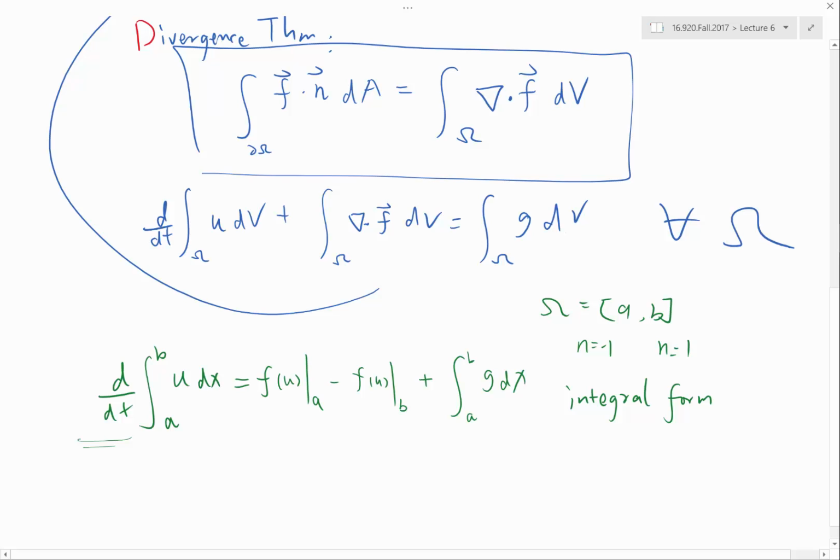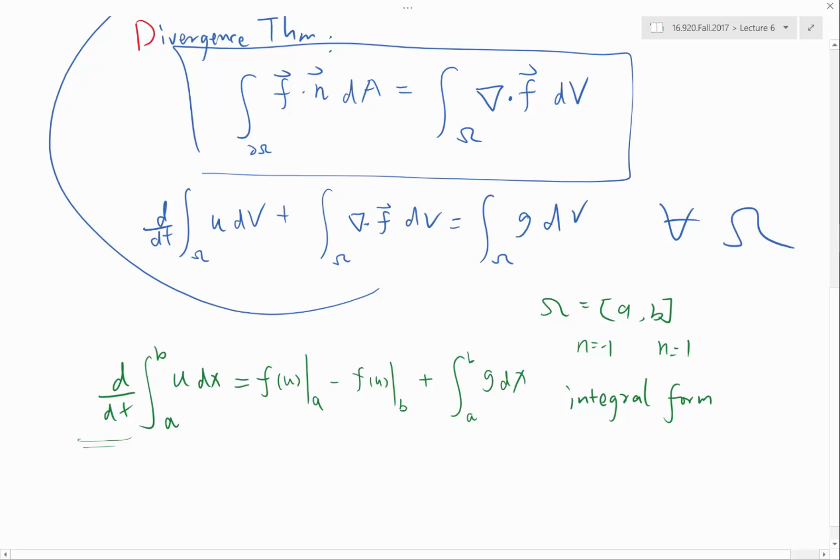We want to discretize the integral form, right? That's why finite difference isn't the first choice you would use to solve equations like that. And the finite volume method is going to discretize directly this integral form.